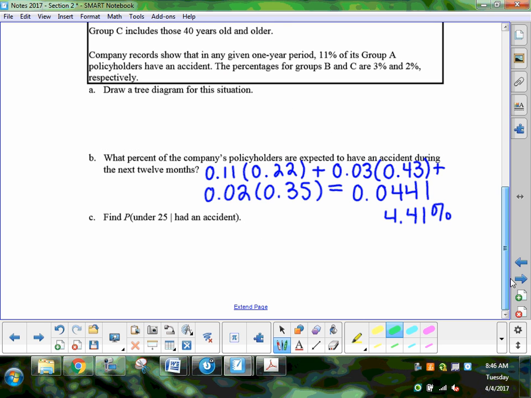We did not answer question C. Find the probability of something given something. So looking at this is the part that's going to be a little bit awkward for us. It's going back and doing that given condition.